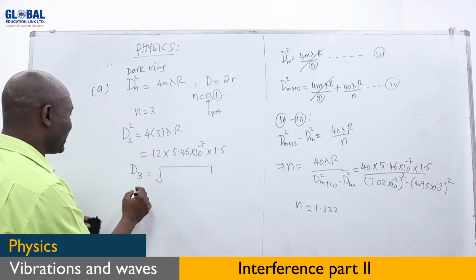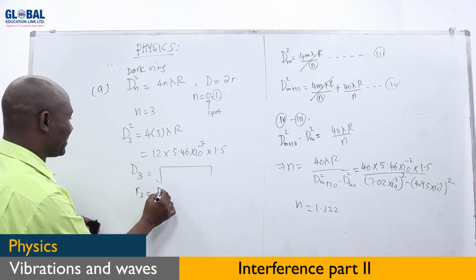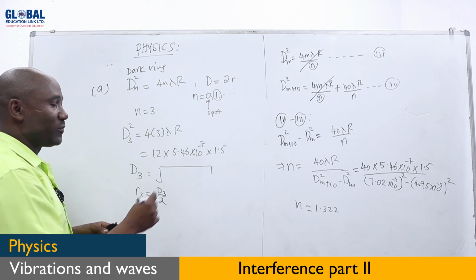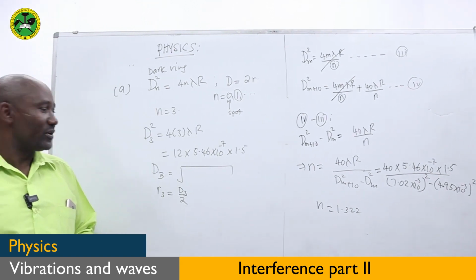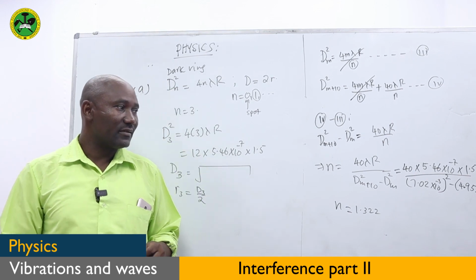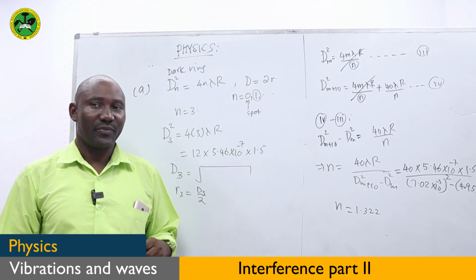After getting that d, you find r3 as d3/2. So that's how you can find the radius corresponding to that third dark ring.